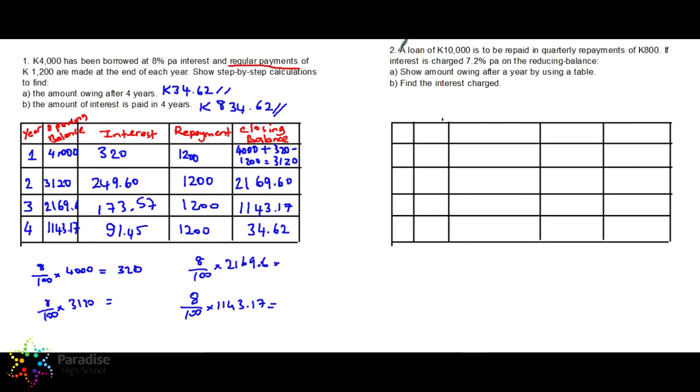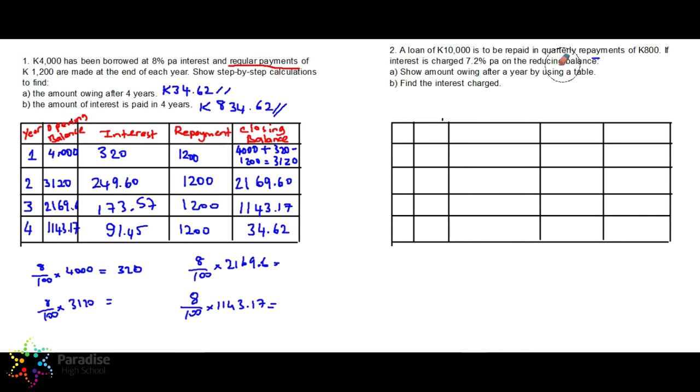In the second question, a loan of 10,000 kina is to be repaid in quarterly repayments of 800 kina. If interest is charged 7.2% per annum on the reducing balance, show the amount owing after a year by using a table, and find the interest charge. So since there's a repayment here, it means that this question is about the table.